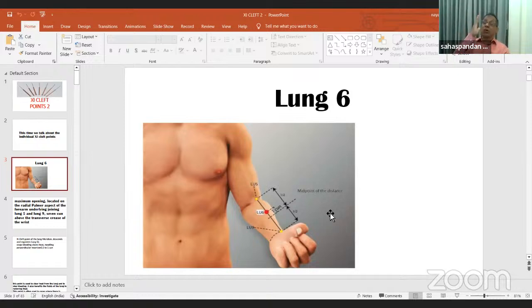This point is often used where there is swelling of the throat, tonsils, or upper respiratory tract due to infection such as bronchitis or pneumonia.